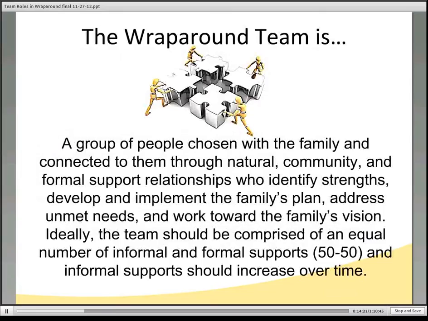So we've talked a little bit about what the Wraparound Team is, and what you've heard us say is that there's a group of people that come together with the family and really connect them through their natural community and formal support relationships.